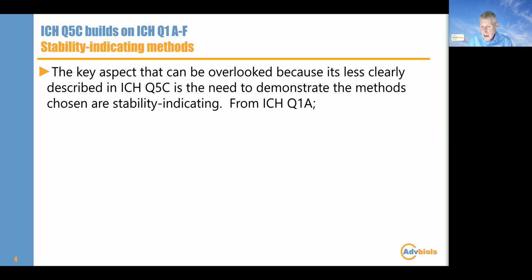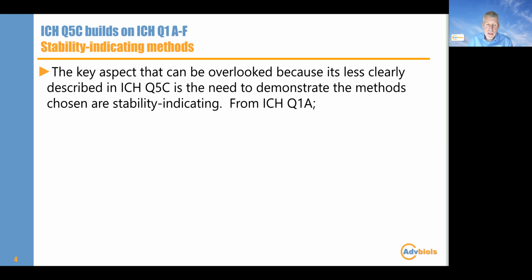So what's the gap? The gap is demonstrating that the analytical methods that you are using for your stability specification are actually stability indicating. And this gap is really quite significant in that it feels like it's almost every stability section I look at has this gap in it for advanced therapies.